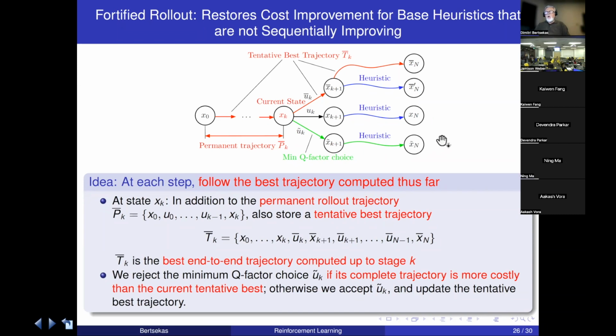So in other words, always follow the best trajectory we have found so far. And if rollout suggests different because there's a violation of the sequential improvement condition, still stick with the best trajectory that we have so far.